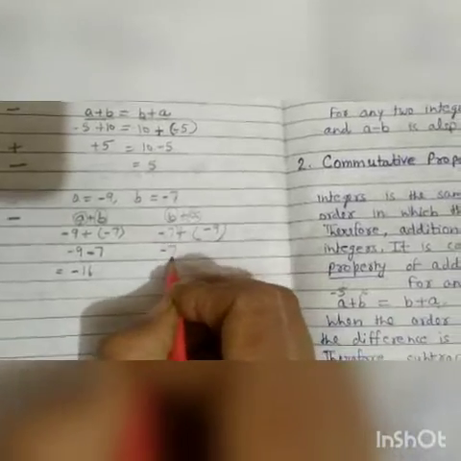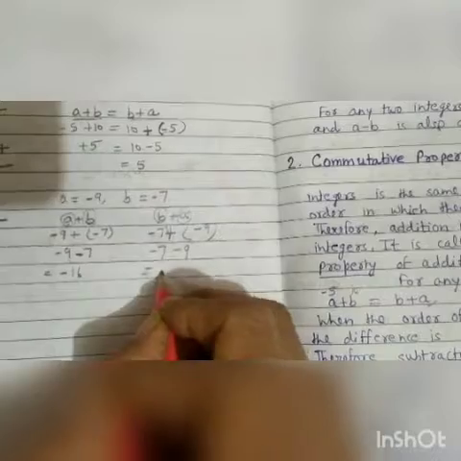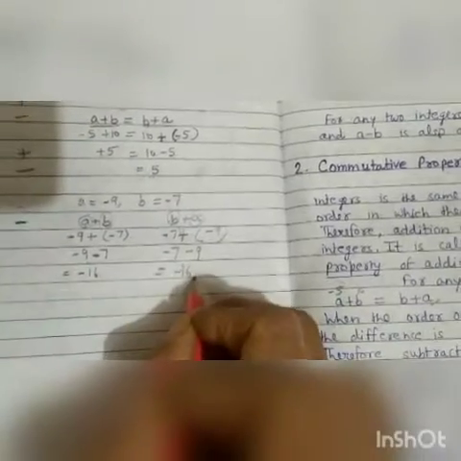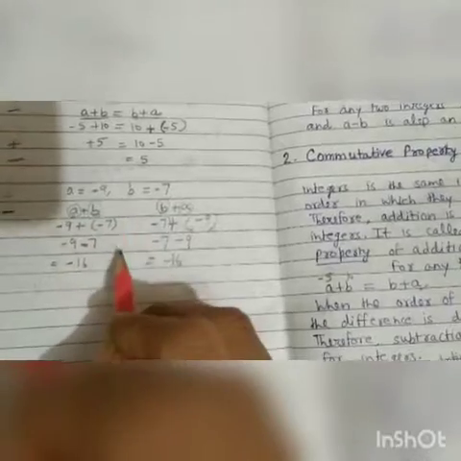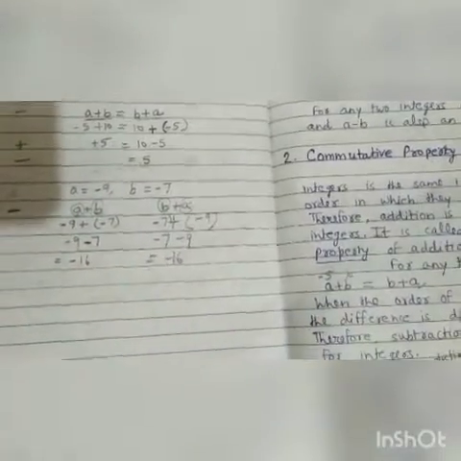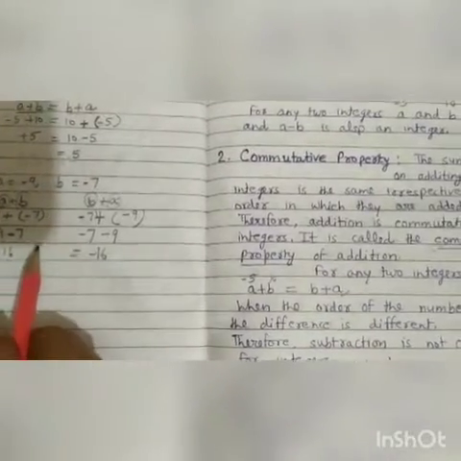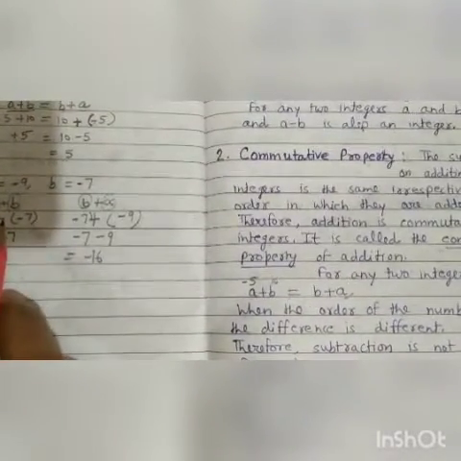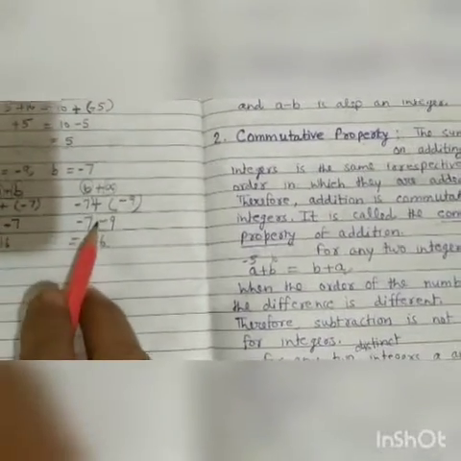Minus 7 minus 9, again minus 16. Both the answers are the same. So we have checked that when we are adding two integers, it doesn't matter in which order we add them.